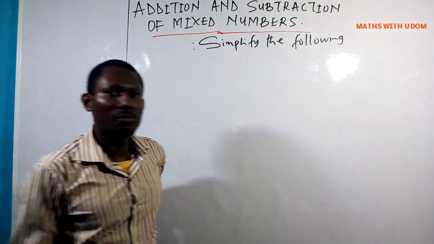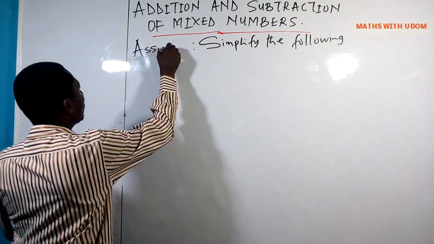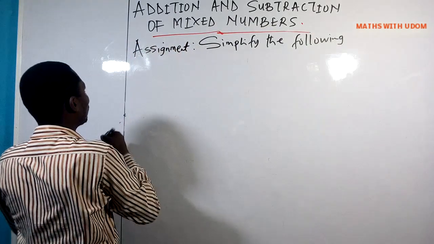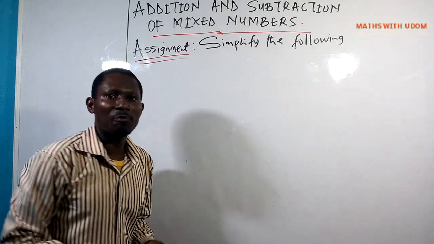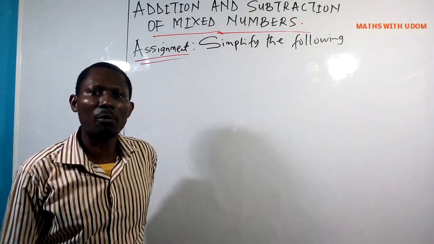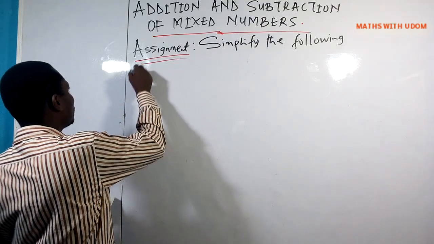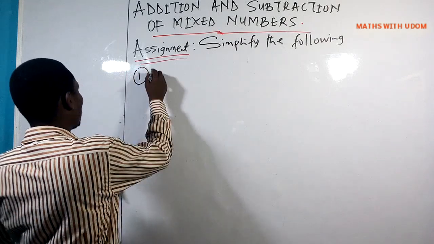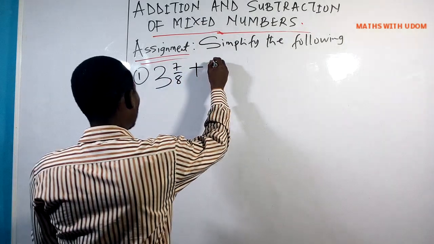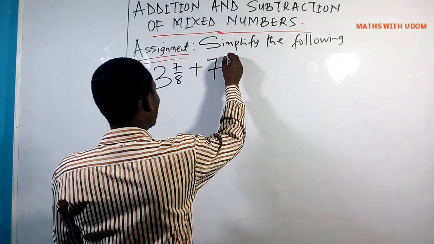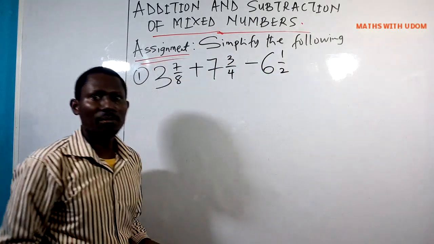All right, your assignment for today. You have to simplify the following fractions. And what are the fractions? Let's have it right away. Number 1. That's number 1. Number 2.